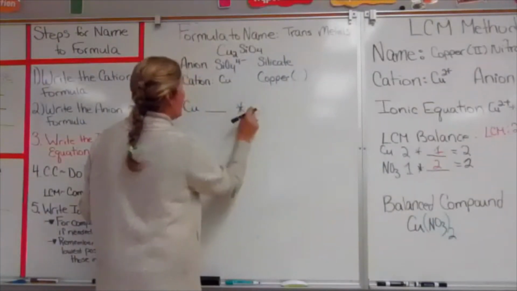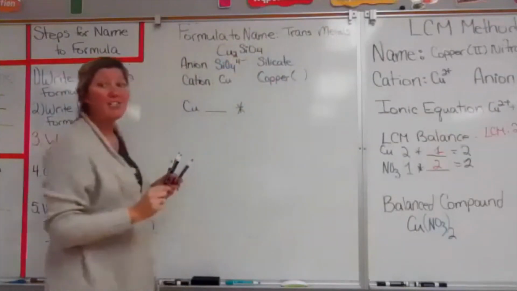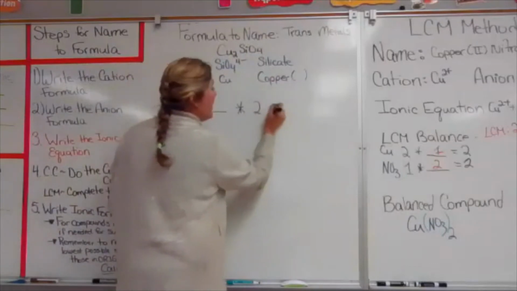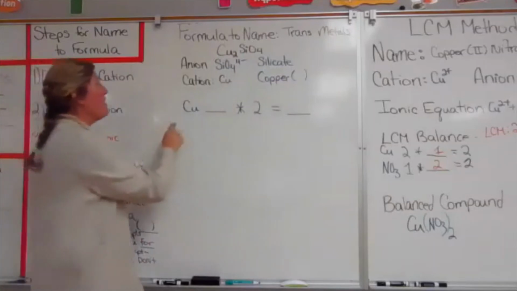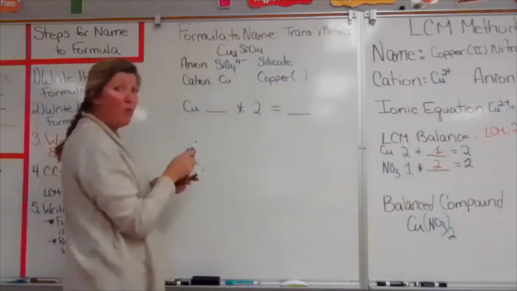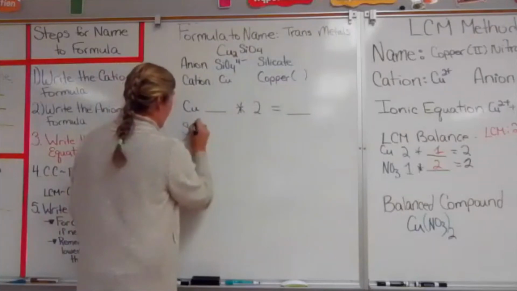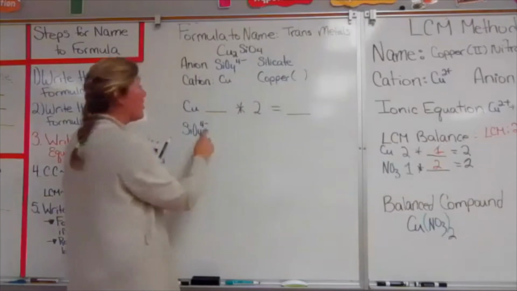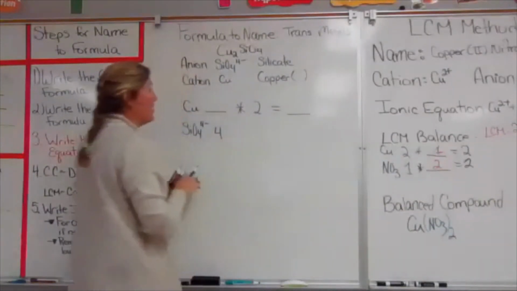So something times, now we look back up into our equation, and our subscript is 2. So something times 2 will give me an LCM that I still have to figure out. Then we have silicate, that's SiO4 4 minus. We know the charge of silicate, the number that we're going to pull here is 4.